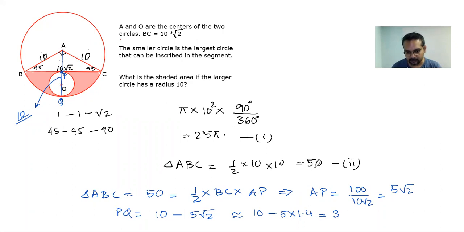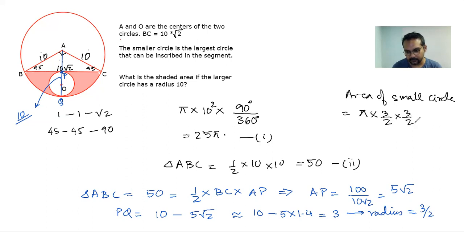Therefore the radius of the smaller circle is 1.5, or let's keep it as 3 over 2. Hence the area of the small circle will be pi times 3 over 2 times 3 over 2. Let's keep it in terms of pi itself. So that's basically 9 pi over 4.